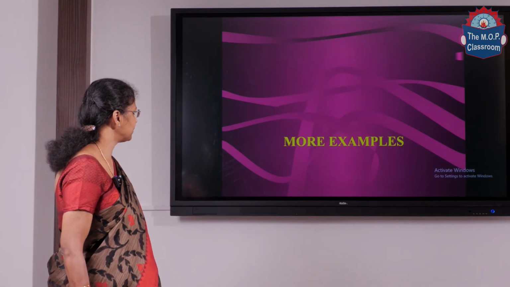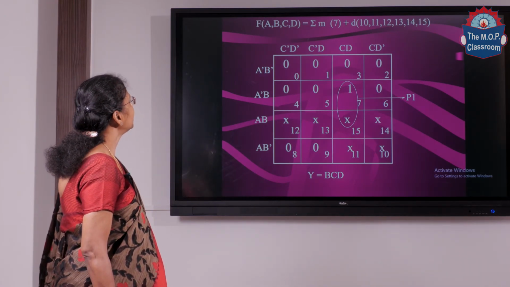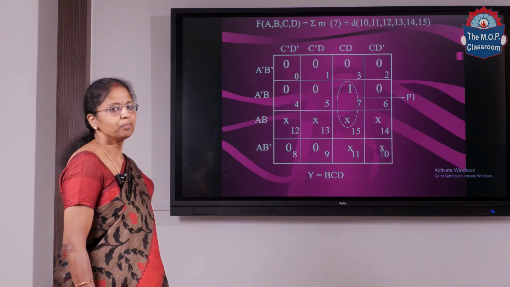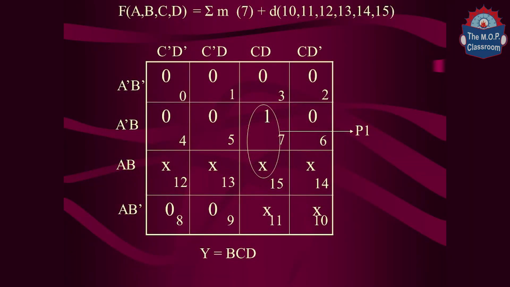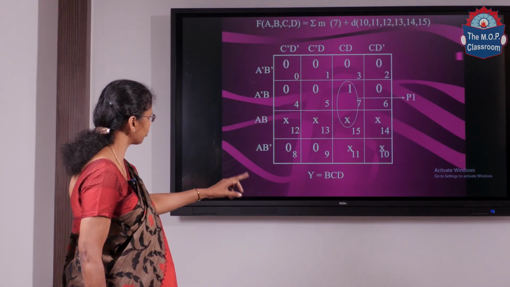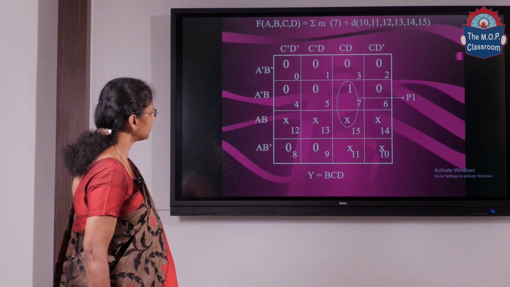Some more examples. So, we have a Boolean function of 4 variables, summation minterm 7, plus the don't care conditions. We can represent it in this form in the truth table, where I have X in the third row, then fourth row, and I have one single 1 in the second row, third column.